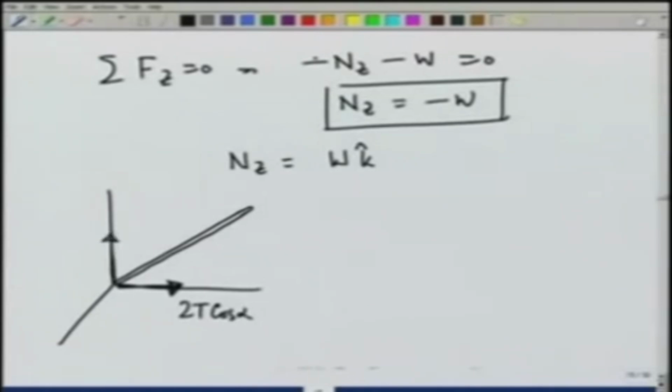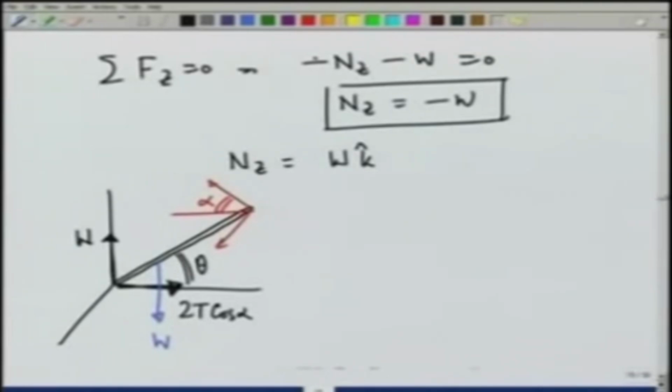There is a normal reaction in the z direction, which is equal to W. There is a force W pulling it down. There is no force in the x direction, and then there are these two tensions in the xy plane working at an angle alpha like this. This angle is given to be theta.